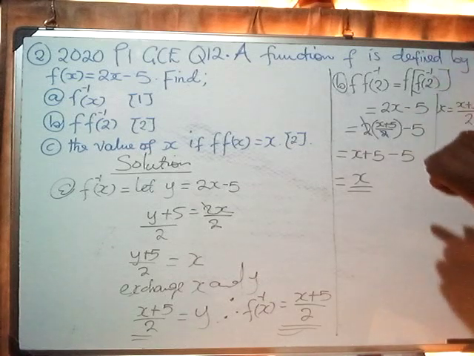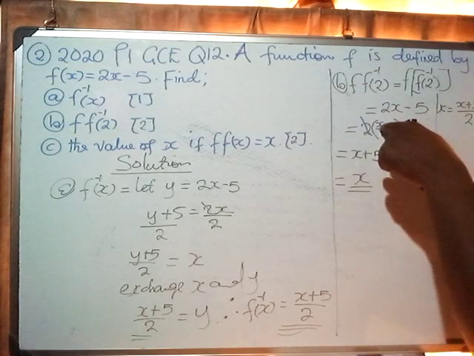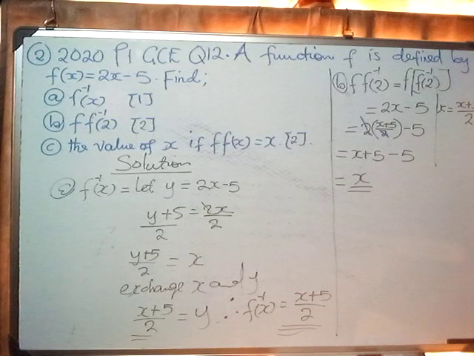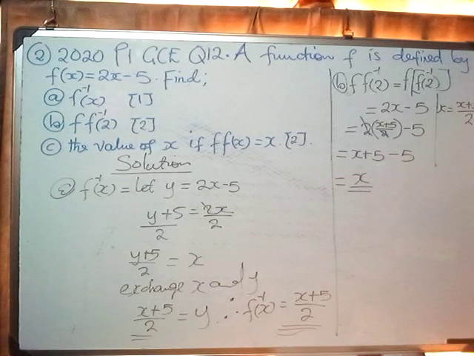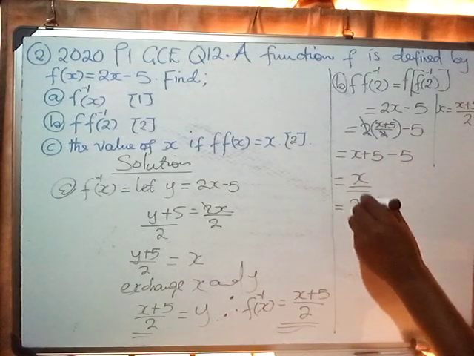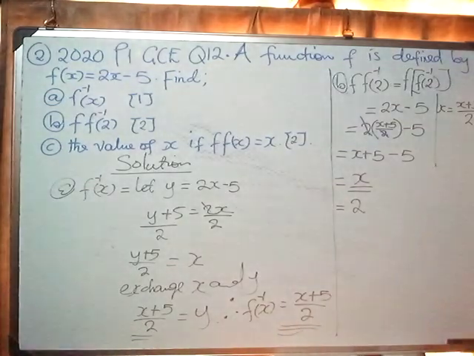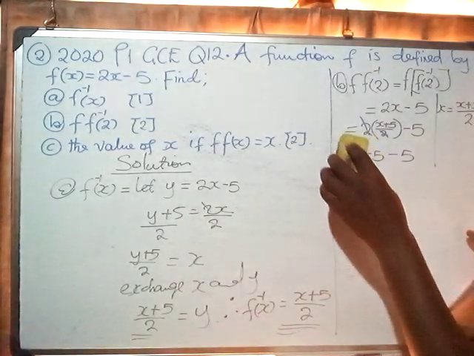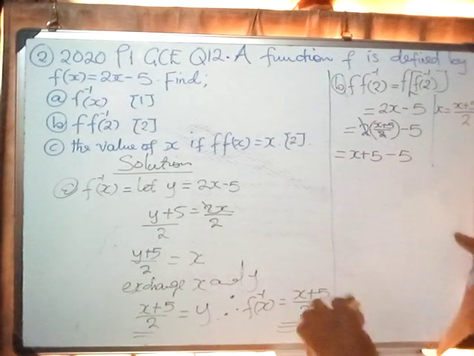Now, let us deal with that 2. That 2, by the way, is supposed to be substituted there before we go any further. The answer will be 2. So where there's x, we are going to replace it with 2. Nevertheless, let us see how it will be by replacing it here.